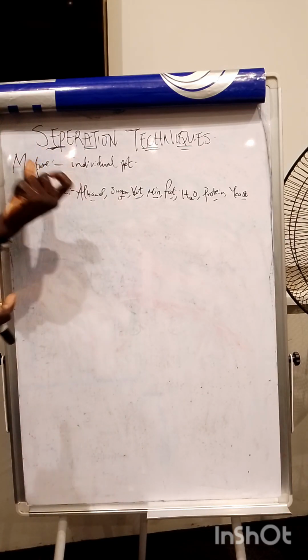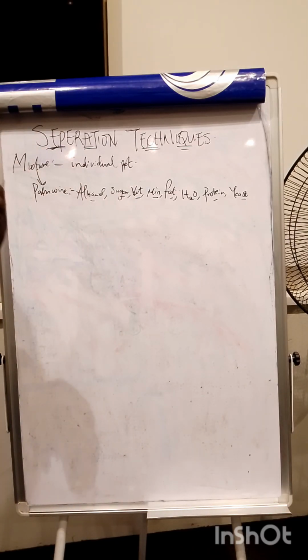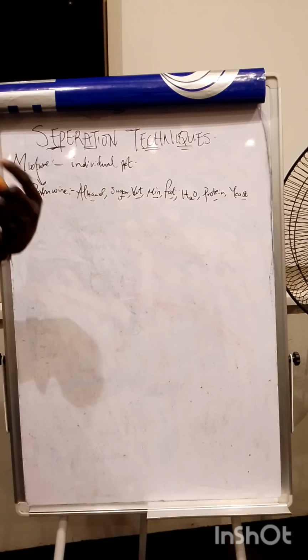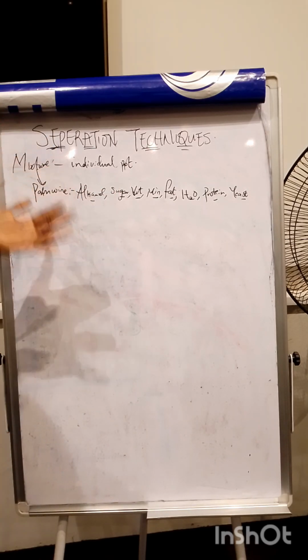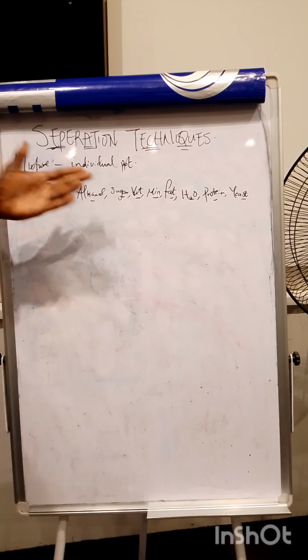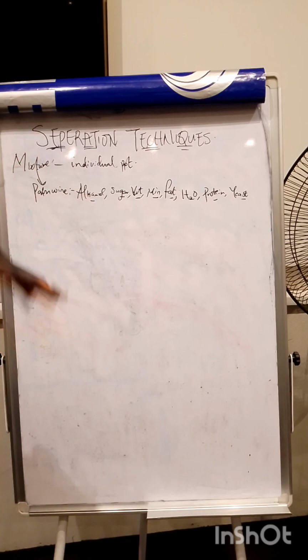So I use simple distillation to obtain this soluble solid from the solution, so that I can now get my salt. Do you get what I'm saying? When we get to the various types of separation techniques, I will explain very well with examples. So that's separation techniques. Very easy.